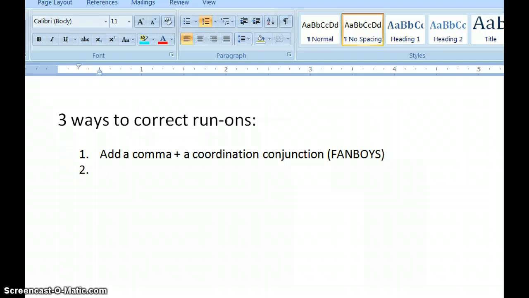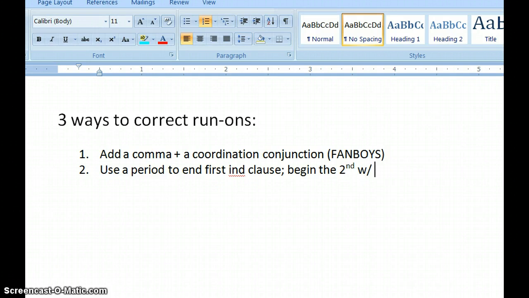The second rule is to simply use a period to end the first independent clause, and then begin the second with a capital letter.